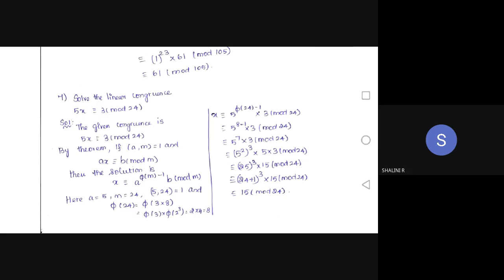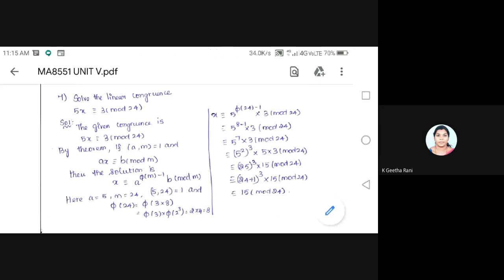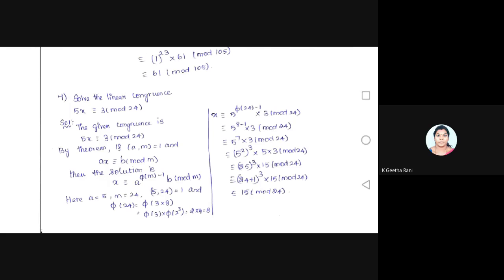So phi of 24 is equal to phi of 3 into 8, since phi is a multiplicative function, then phi of 3 into phi of 8.